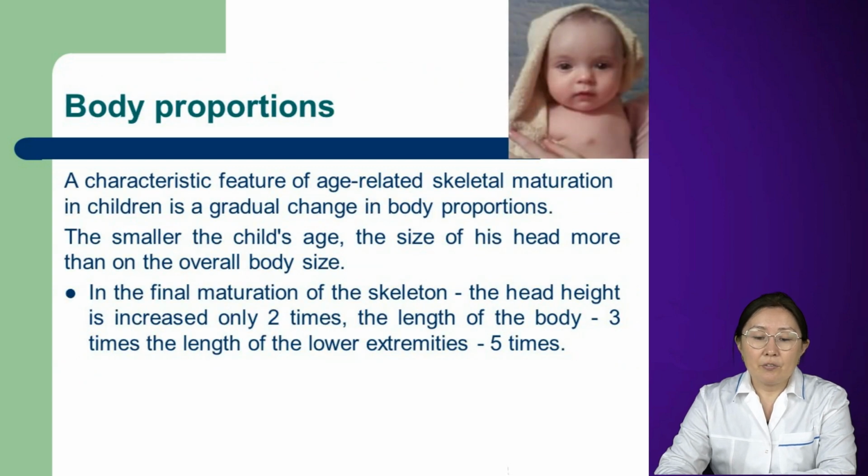A characteristic feature of age-related skeletal maturation in children is a gradual change in body proportions. The smaller the child's age, the larger the size of his head relative to the overall body size. In the final maturation of the skeleton, the head height increases only 2 times, the length of the body 3 times, and the length of the lower extremity 5 times.